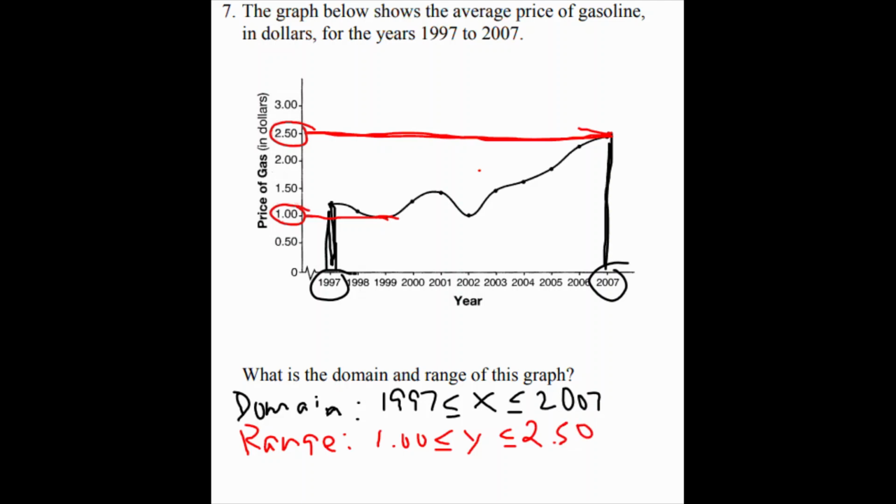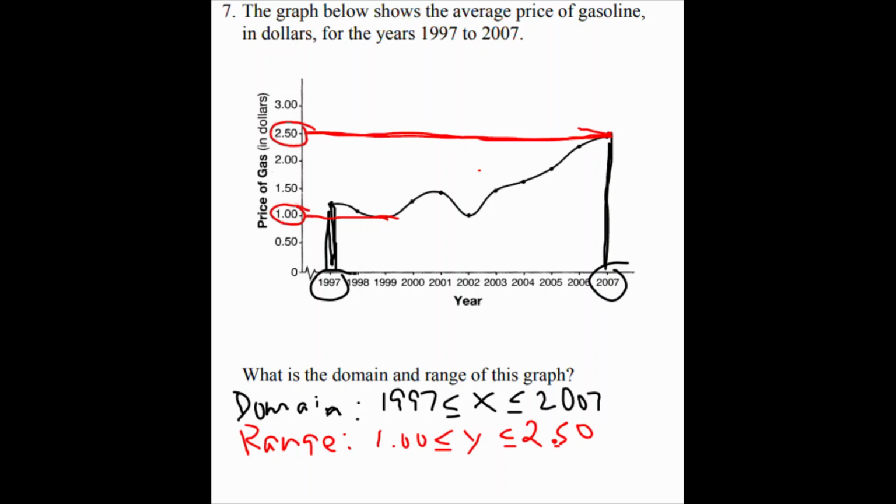Remember, ladies and gentlemen, domain will be talking about all the possible values of x we have. And in this graph, all of the possible values of x are contained in the years from 1997 to 2007. Our range will be basically all the possible y values that are being used, in this case between the lowest and the highest.